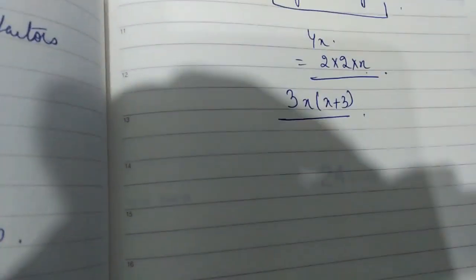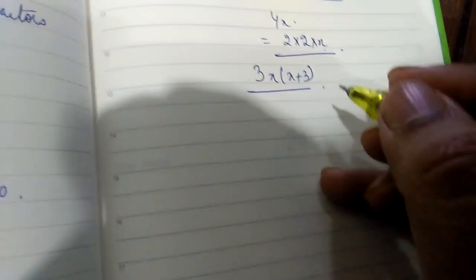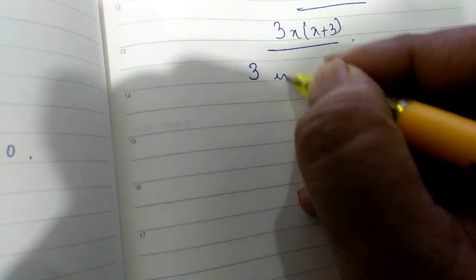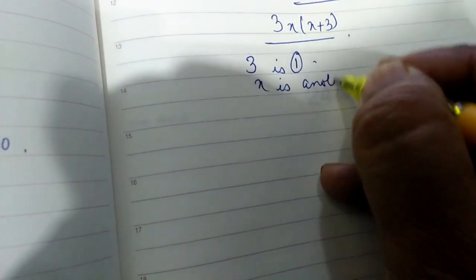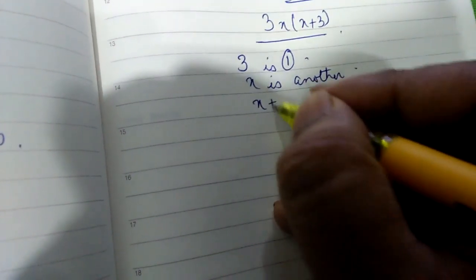So it is already expressed in the form of the product of its factors. So 3 is first factor, x is another factor, x plus 3 is another factor. Basically factorization is product of its factors.